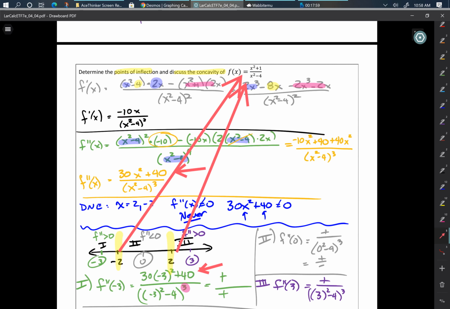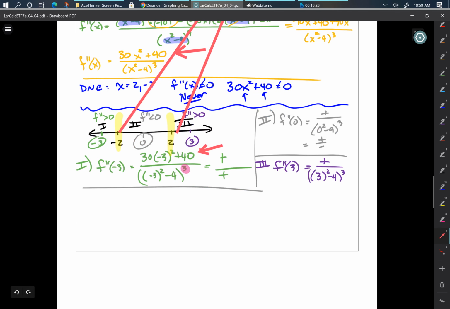Downstairs, 2 squared minus 4 is 0, or -2 squared minus 4 is 0. We have some sort of discontinuity at -2 and at +2. And so while concavity does change at -2, and concavity does change at +2, they are not points of inflection.